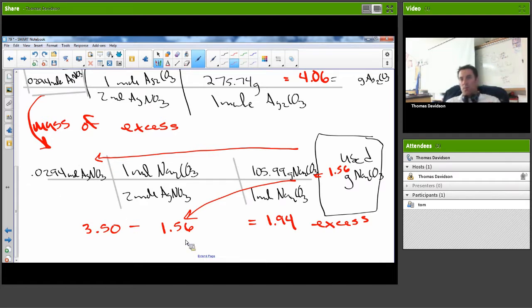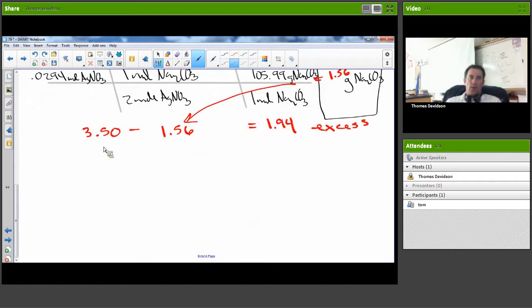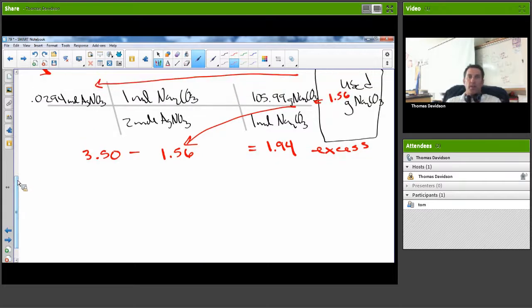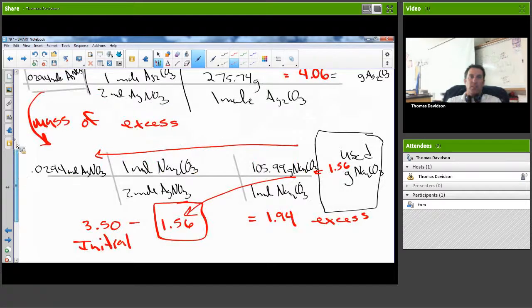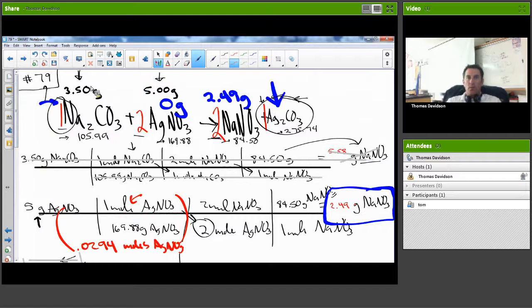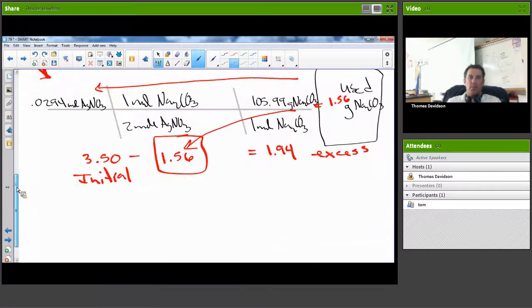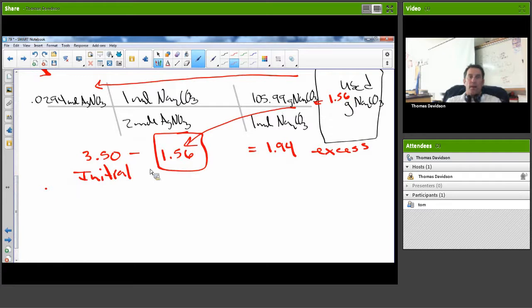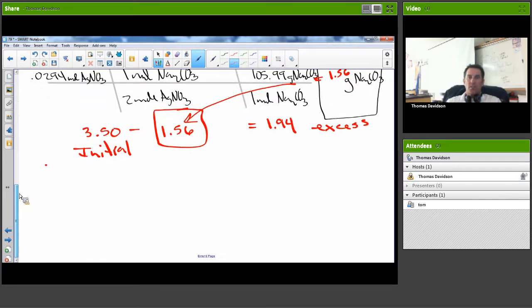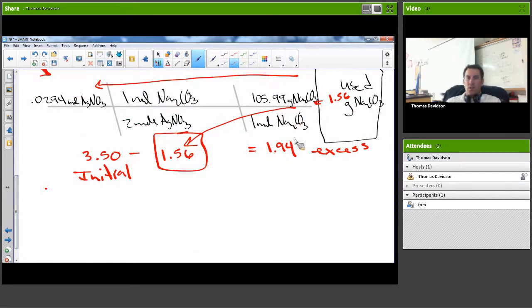So the final step here, you take that number you just found that you used up, you subtract it from the initial mass given, and I got that number way up here. It gave me 3.50 to start. Come down. So I have that minus 1.56, which I just found in my used, and I was able to calculate 1.94 grams of excess.